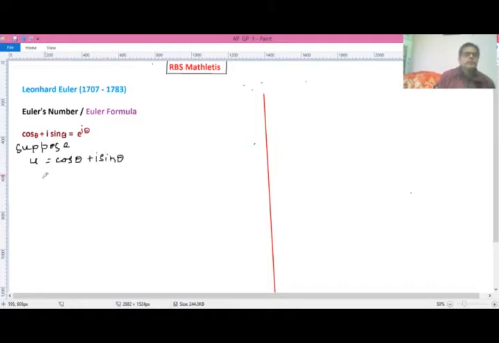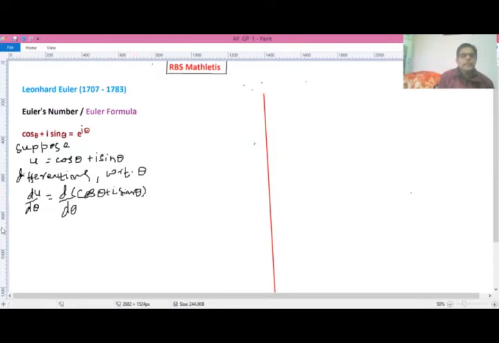Alright, now differentiating both sides with respect to theta, see what happens here. Then you are applying du d theta to u, and also d d theta to cos theta plus i sin theta.